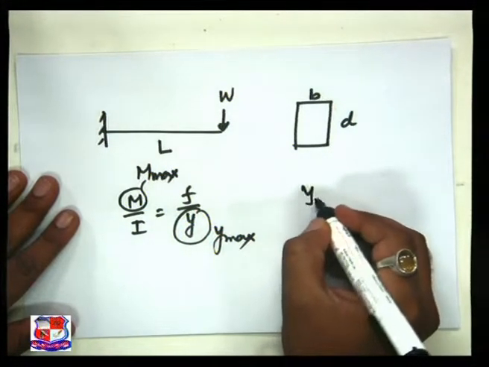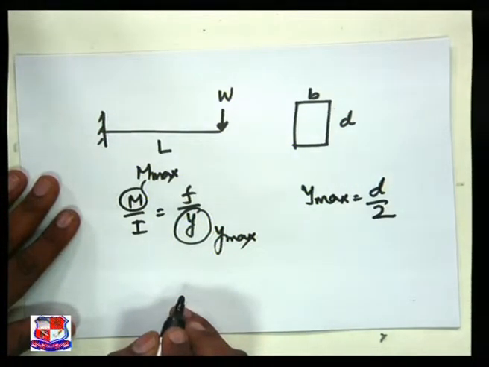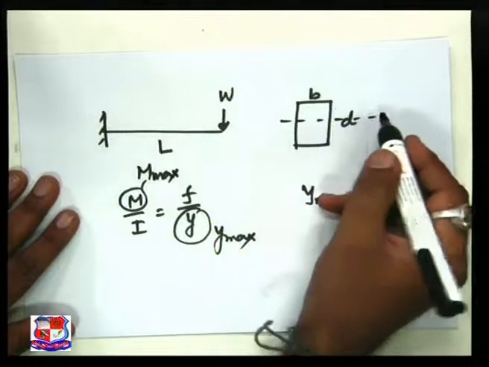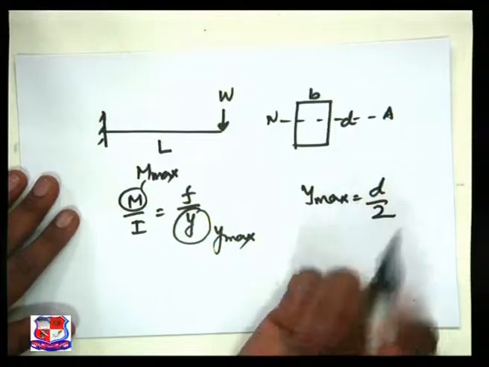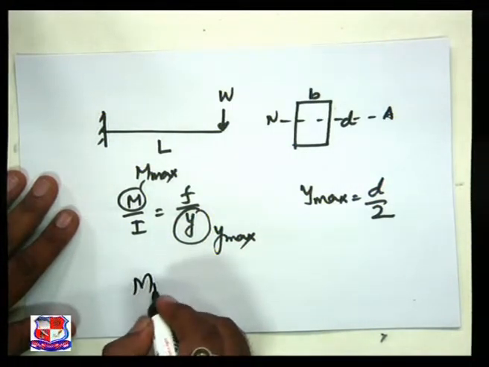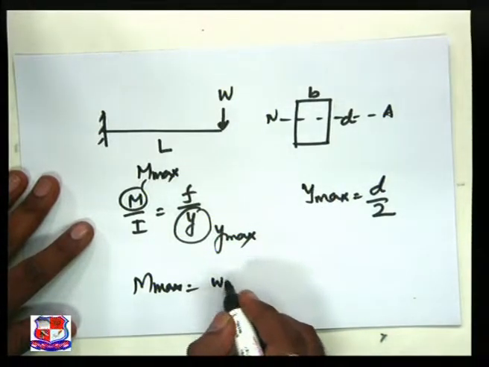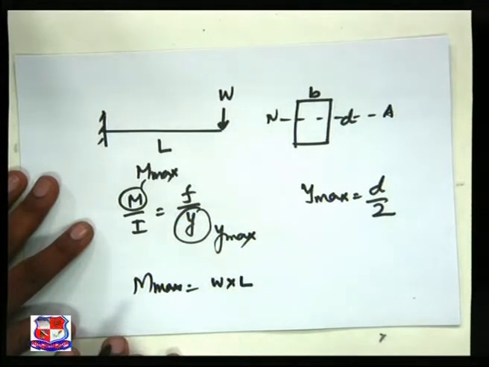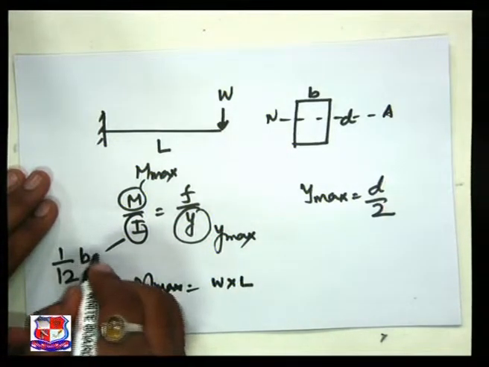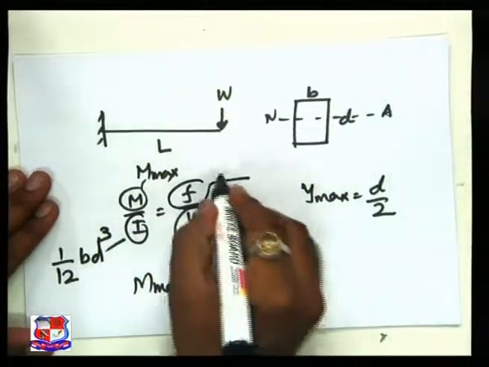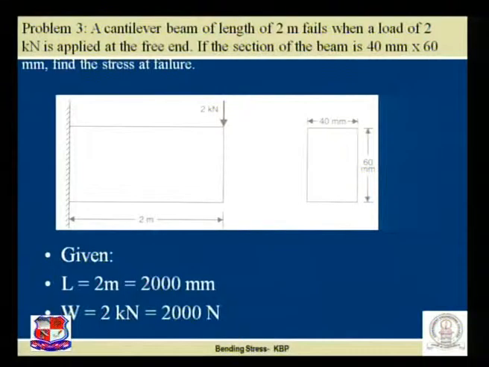Y max is D by 2, because the neutral axis is at the center for a rectangular section. M max is equal to W into L, since it is a cantilever beam with a point load. I for a rectangular section is known to us, 1 by 12 BD cube. The remaining step is to find the value of F. It's very easy.